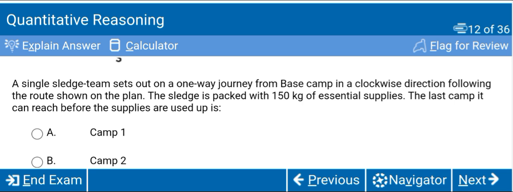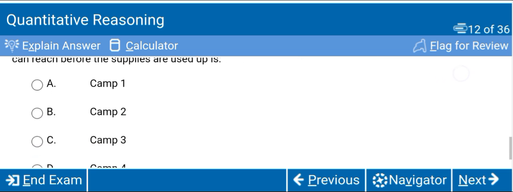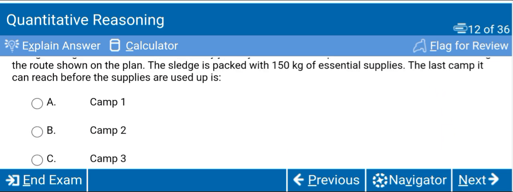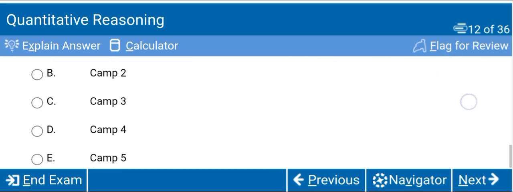The sledge is packed with 150 kg of essential supplies. The last camp it can reach before the supplies are used up is: option A, camp 1, option B, camp 2, option C, camp 3, option D, camp 4, option E, camp 5.